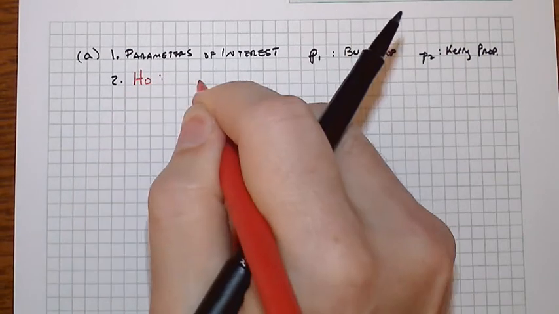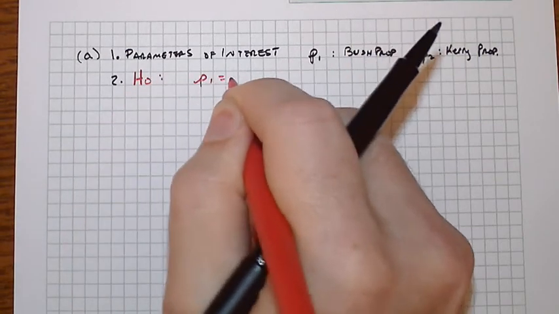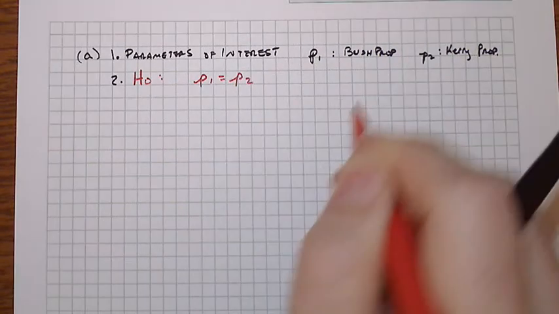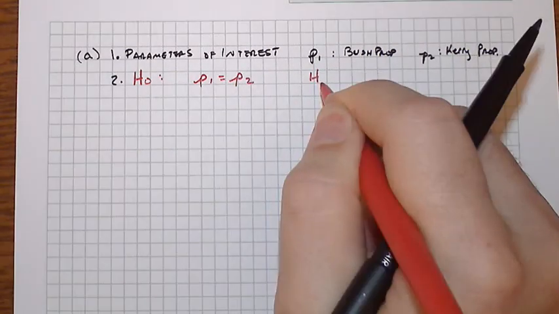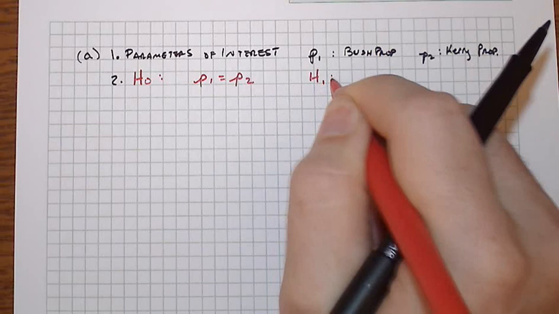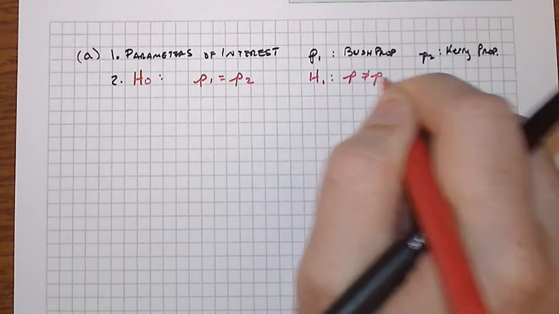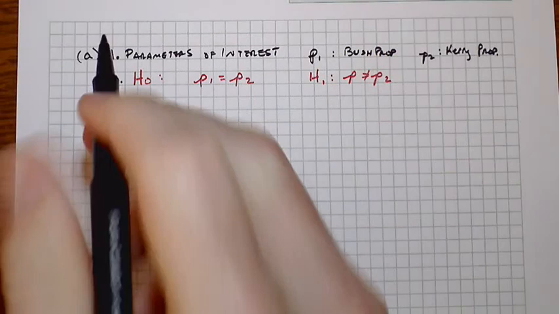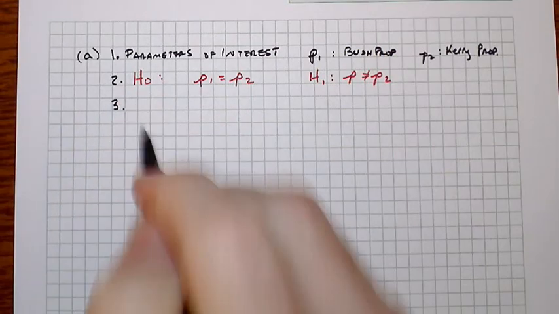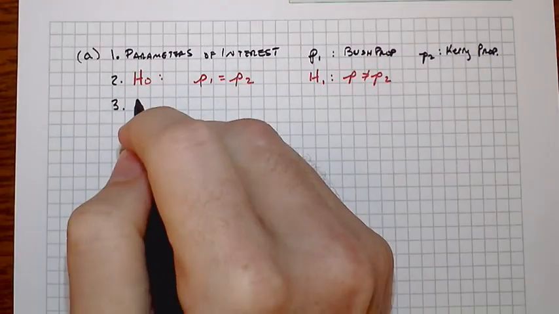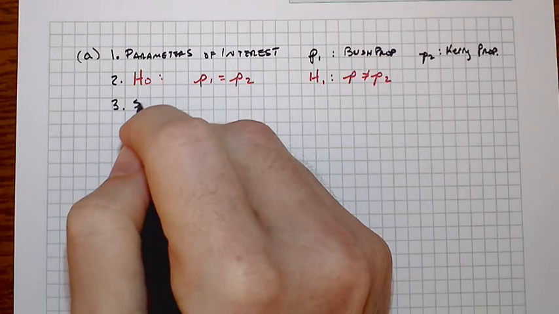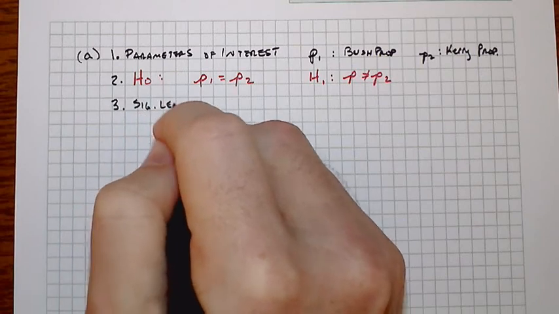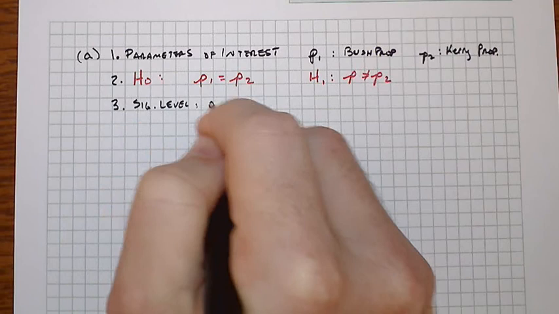Right? And so our null hypothesis goes back to same thing, P1 equal to P2, and the alternative hypothesis being that they're not equal to each other. So two-sided. Our significance level is 0.05.